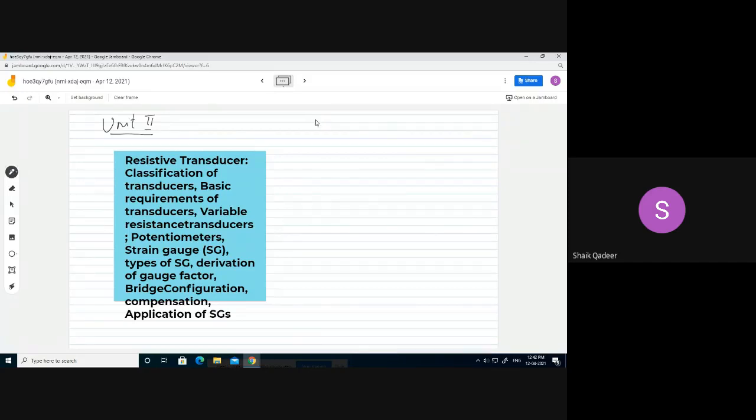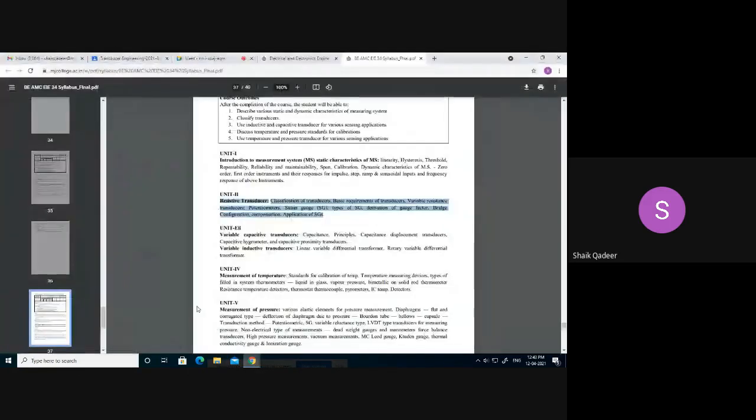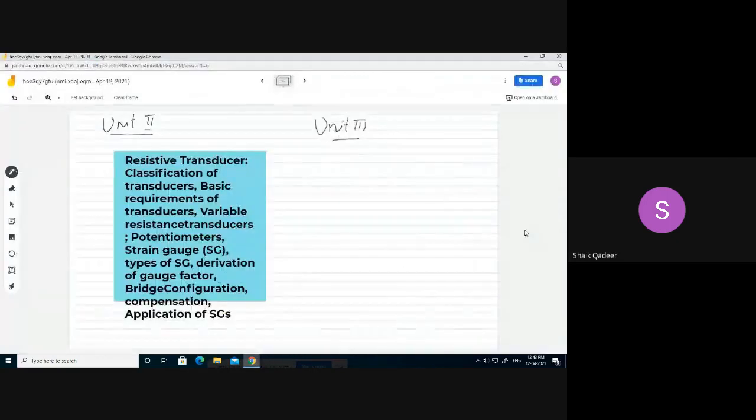Before going into the Unit 2 discussion, let me make Unit 3 clear too. In Unit 3, we will discuss inductive and capacitive transducers.